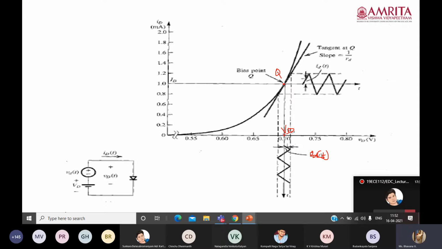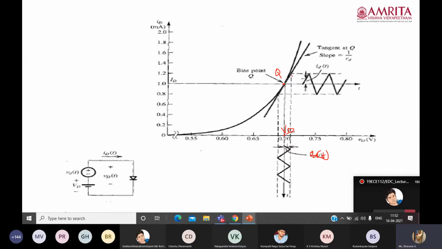From the Q point, you extrapolate to the x-axis, you will get capital Vd, and to the y-axis, you will get capital Id. And from these two extreme points you take equal divisions. If you draw it on graph sheet, we can take equal divisions and it will be very smooth. Anyway, you'll be doing the same experiment in the lab. At that time it will be very clear, and you'll be plotting on graph sheet, so all the scalings should be proper.